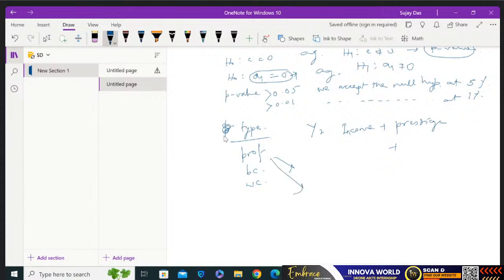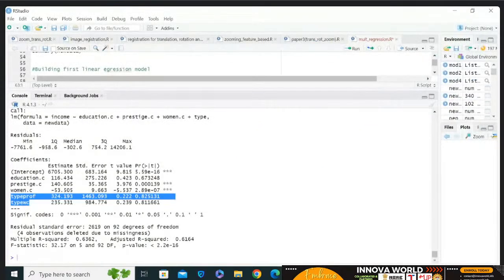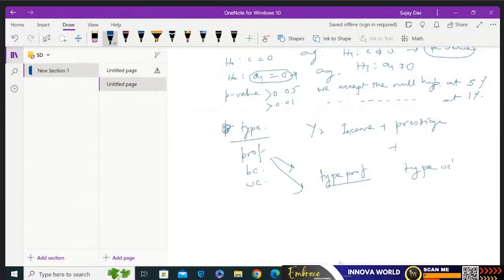What are these two variables? Here R is creating type prof and type wc. So from type it is creating two more variables.